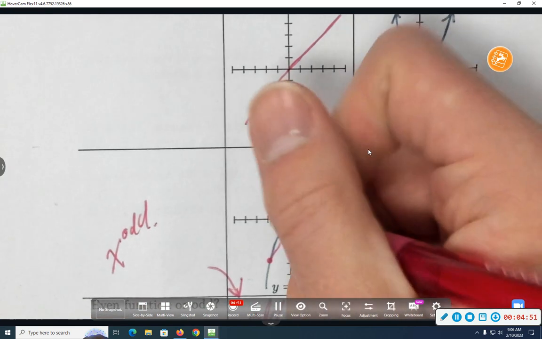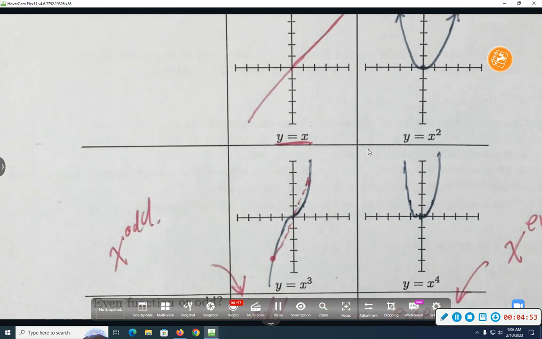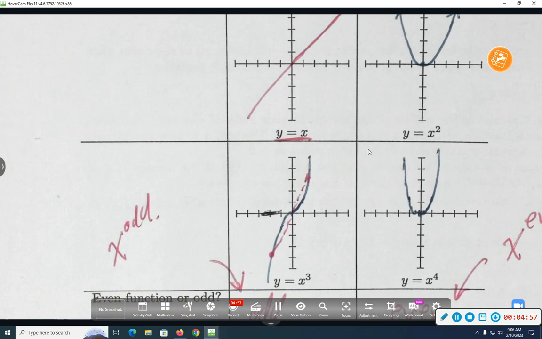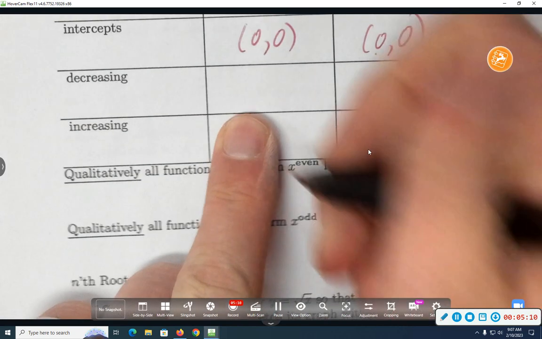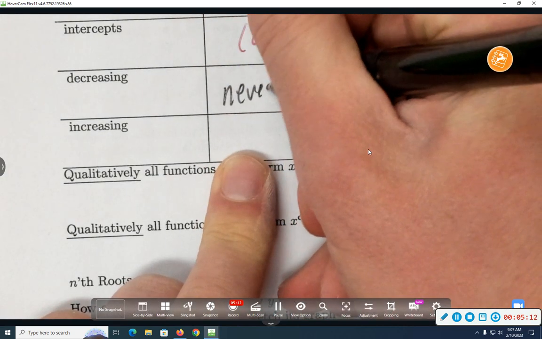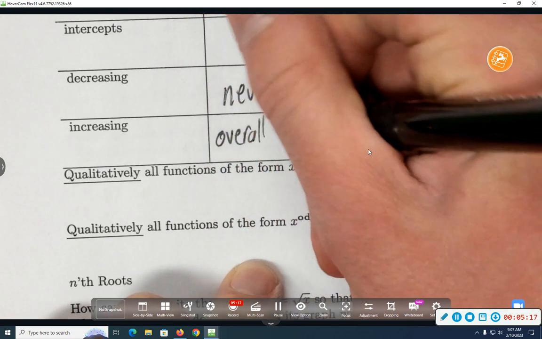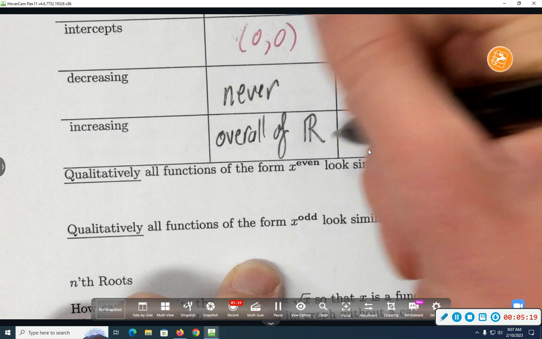There's x to the 3rd power. If you look over this interval, and you have x values going left to right, do the y values keep going up? Is there any interval over which they don't keep going up? No. So this function is, I guess, decreasing never, increasing over all of the real numbers.